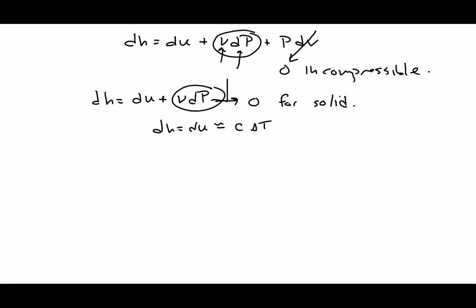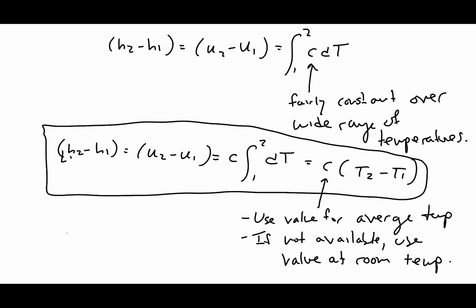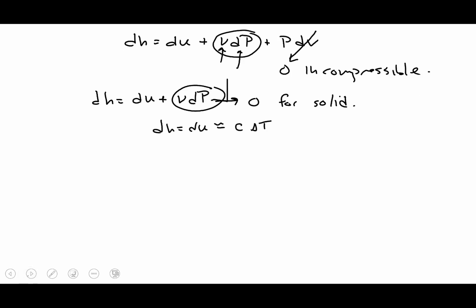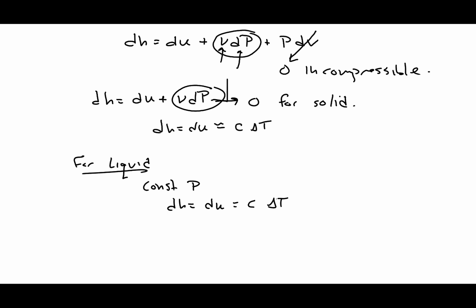But what if we have a liquid? This is also assuming that we have a large change in pressure. So for a liquid, let's look at two cases. First of all, let's look at the case of constant pressure. If we have constant pressure, that term is just 0, so dH is equal to dU, and we have the same thing that we had before.